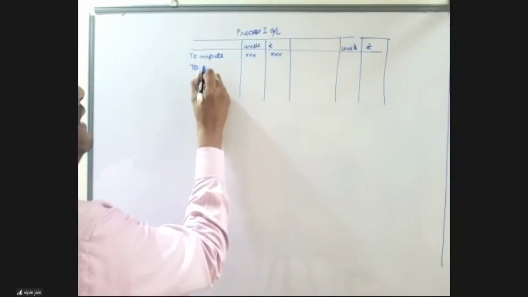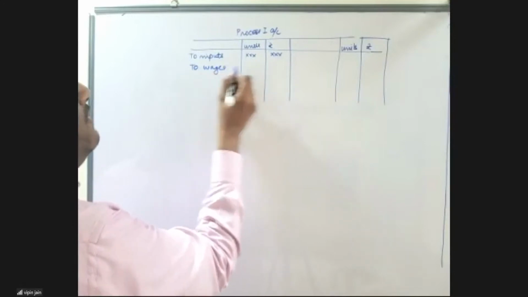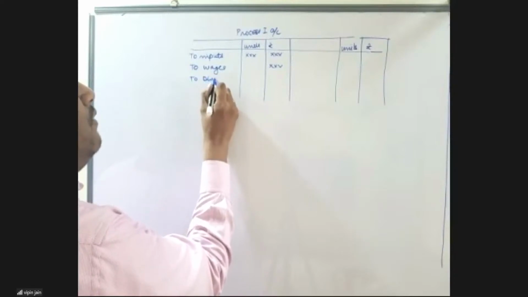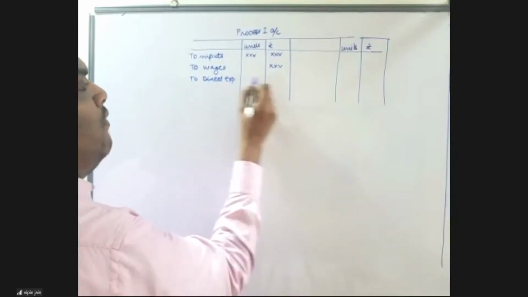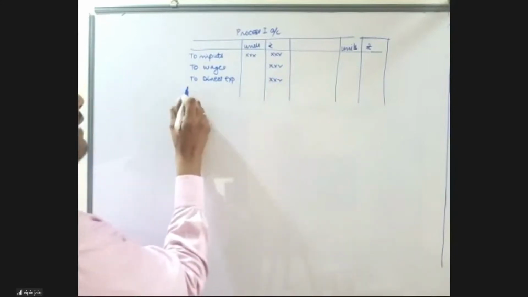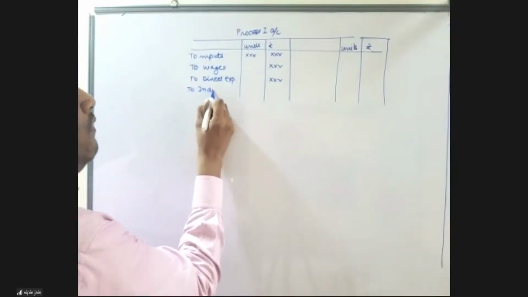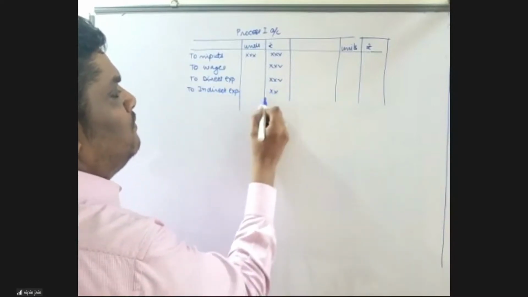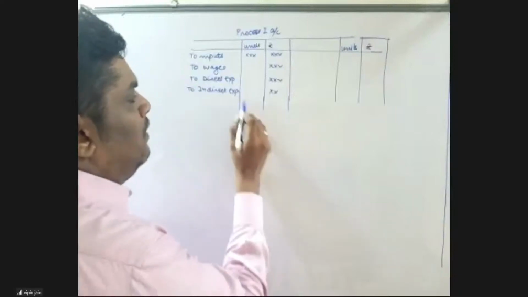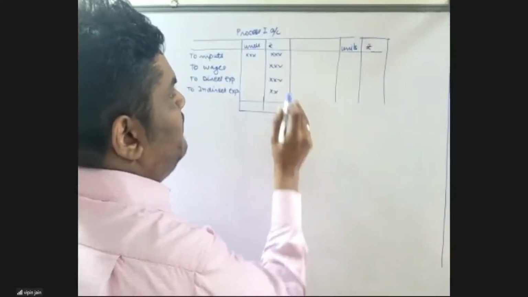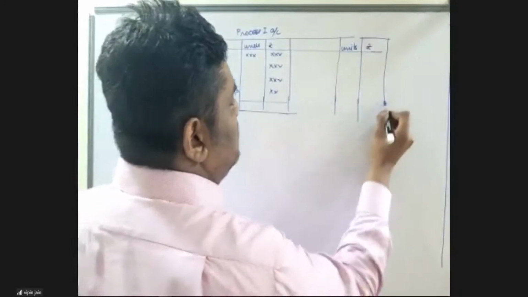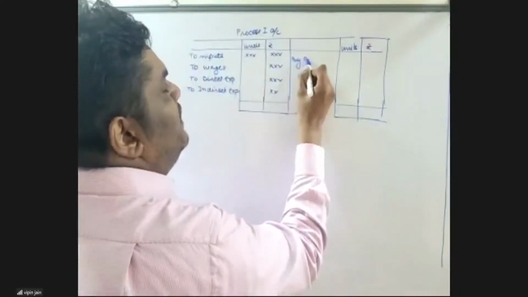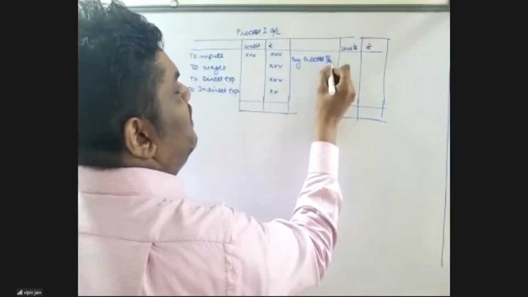Thereafter, whatever the costs that are incurred in a process, let's say wages, direct expenses, indirect expenses, now we'll get the output of this process, and that is to be transferred to process second.